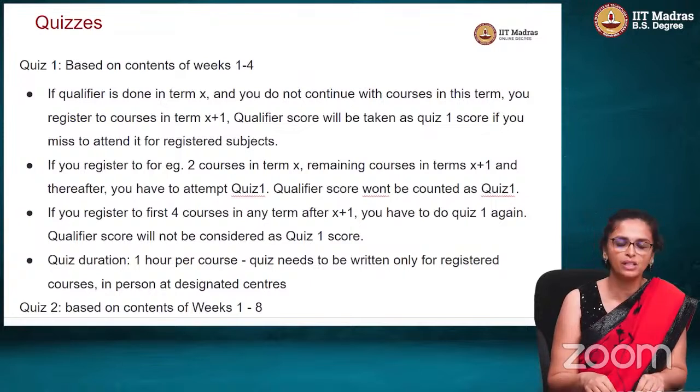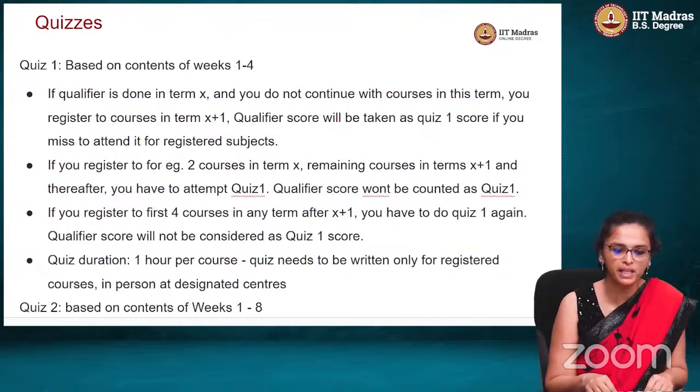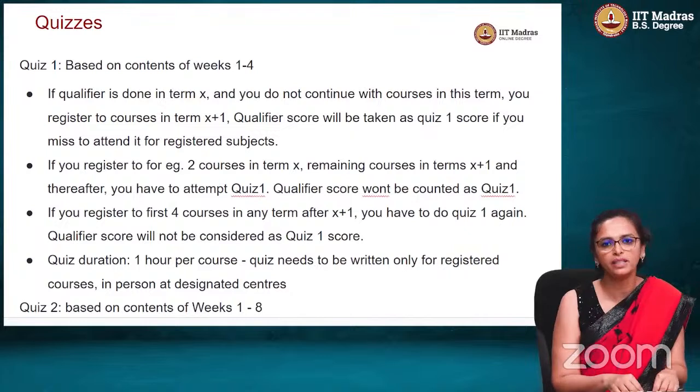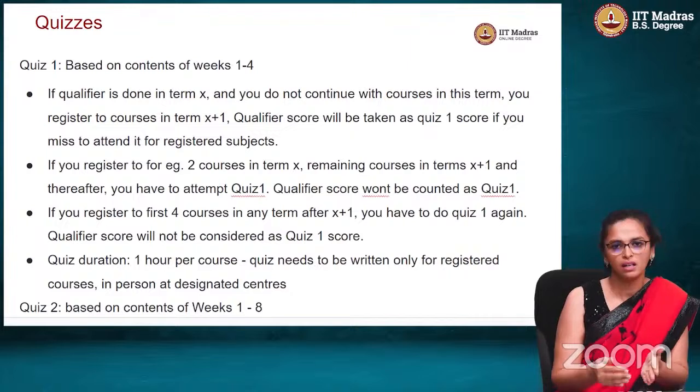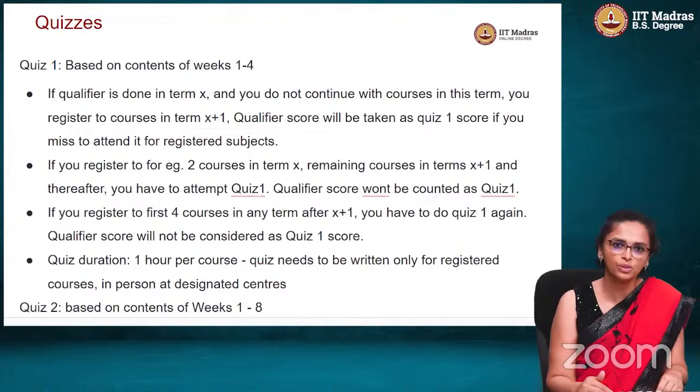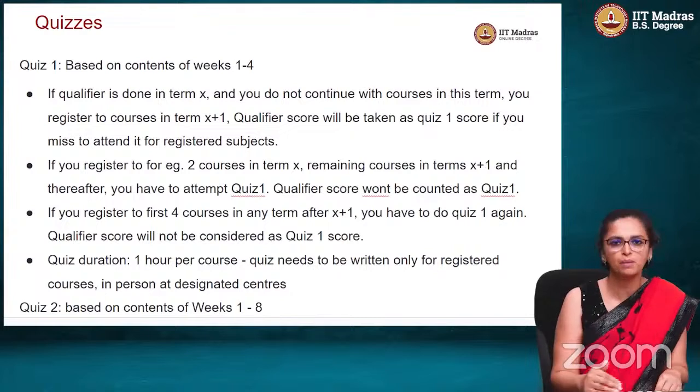So some pointers with regard to when the qualifier score will be used as quiz 1 score and when it will not be used. So supposing you are doing the qualifier in say January 2024 term, right? So if you continue to register to courses having passed the qualifier in January term itself, the qualifier will be considered as quiz 1 score.